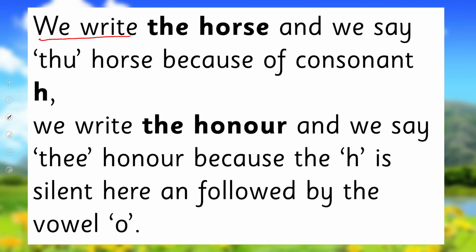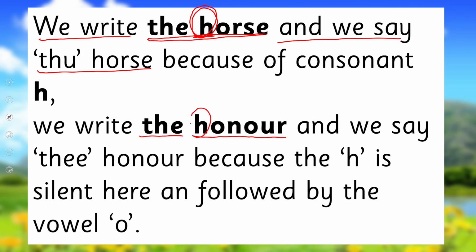We write "the horse" and we say "thuh horse". Now you see the first letter is H over here and it's giving its consonant sound, that's why it's "thuh horse". But in this case, "thee honor". Why?